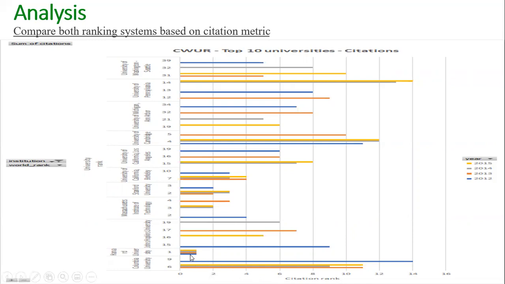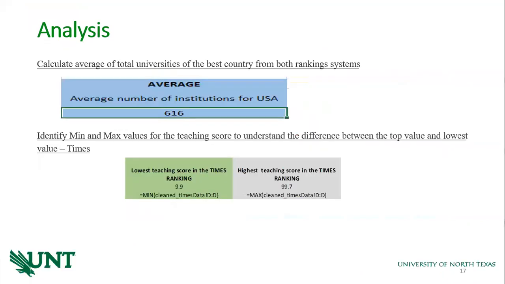The citation rank for Harvard University is mostly 1, and the actual overall rank is 1. With this analysis, we can say that the citation metric and overall rank of a university are positively correlated. I mean, the best value in the citation rank gives the better overall rank for the university.